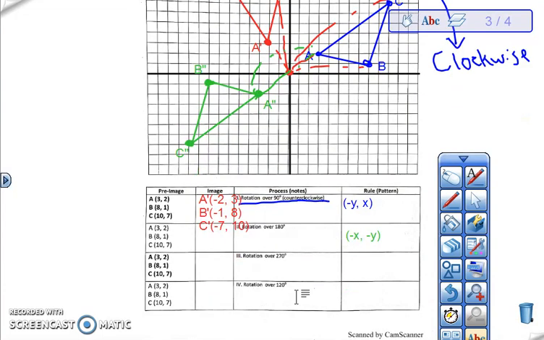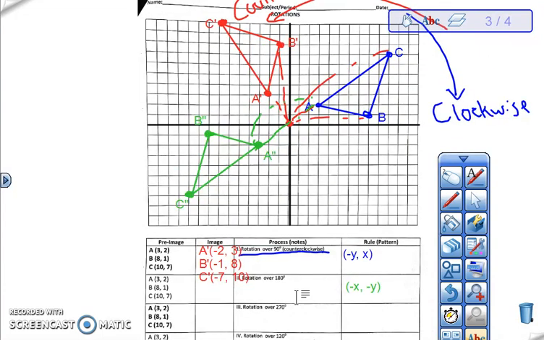If we rotate 270 degrees, it's going to be like a 90-degree rotation, only we're going to go all the way around to this bottom right corner. So if we are looking at our rotation, it should look very similar to the 90 degrees. We're going to make some right angles. So A is going to be down here, B is going to be down here.